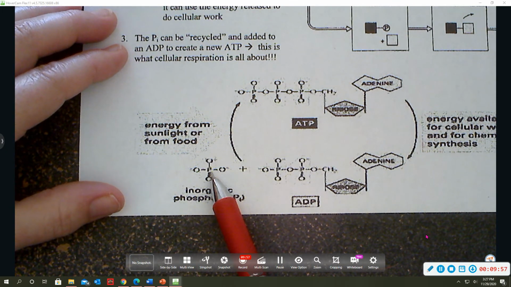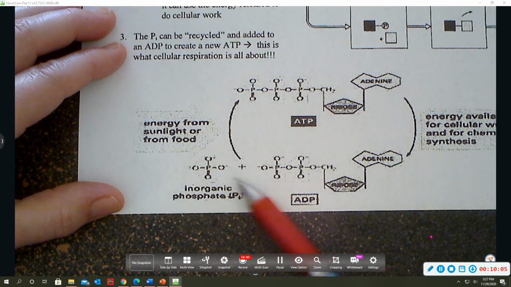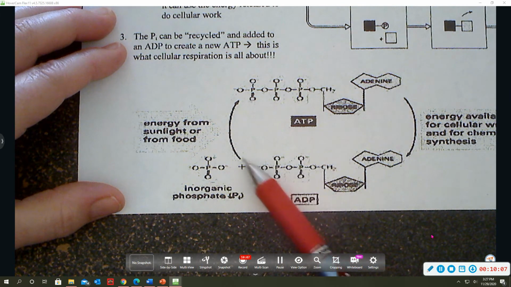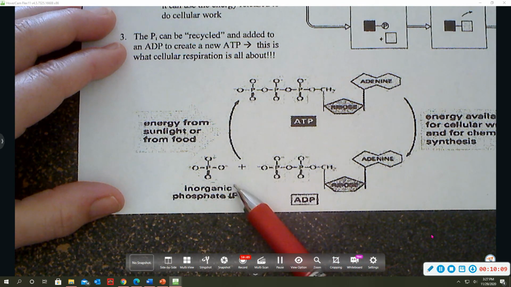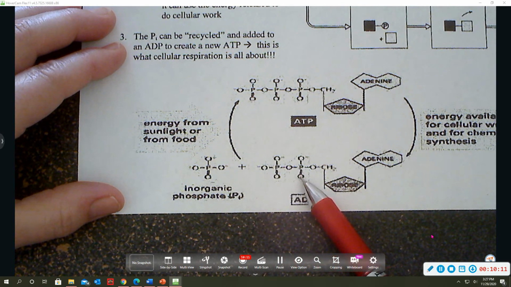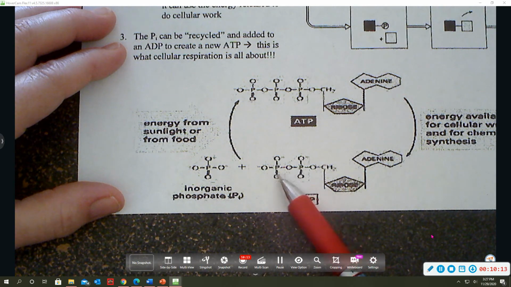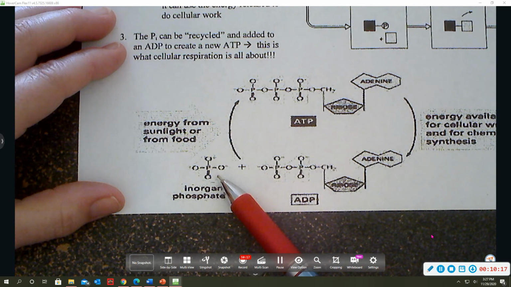It basically kind of made the substrate energized for a while so it could do work. And then, well, this ATP here is now ADP. It's adenosine diphosphate, di because it only has 2 phosphate groups, and then the inorganic phosphate by itself.